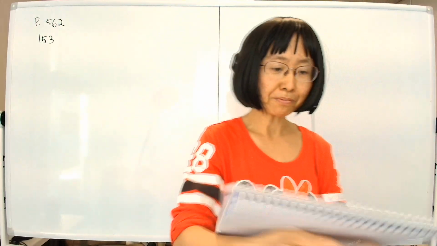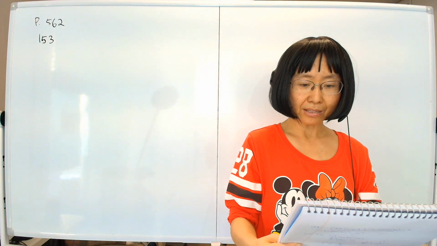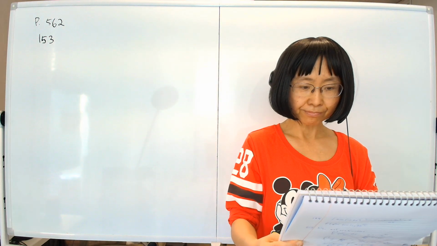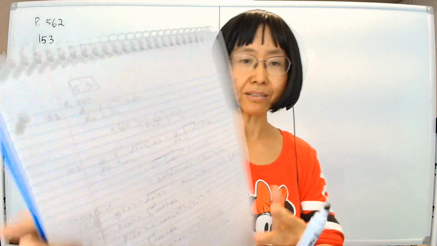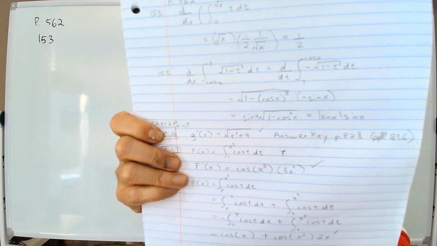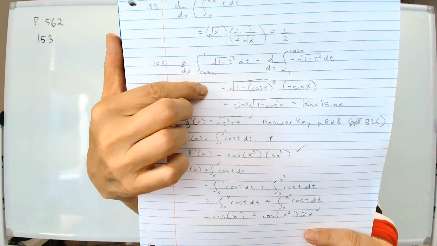So that's problem 153. Next, 155 is similar, except that the function of x, cosine x, is on the bottom instead of on the top.